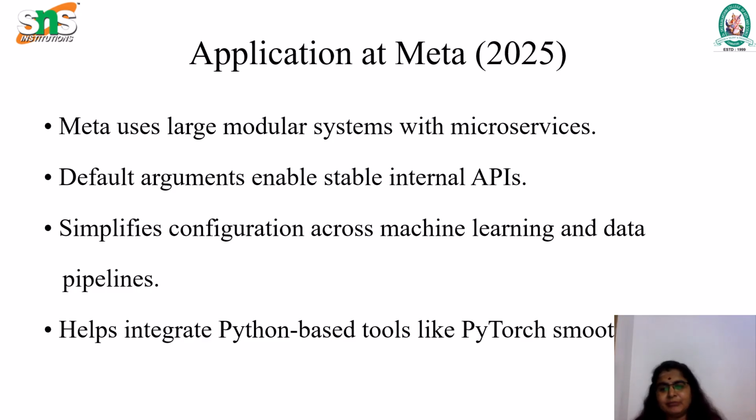Coming to the next topic, the application at Meta. We use Meta in WhatsApp, and nowadays not only in WhatsApp but also in metadata. First, Meta uses a large modular system with microservices. They provide small services to activate their data, and the data can be used through code. Next, default arguments enable stable internal APIs, so they provide stable internal application programming interface services.